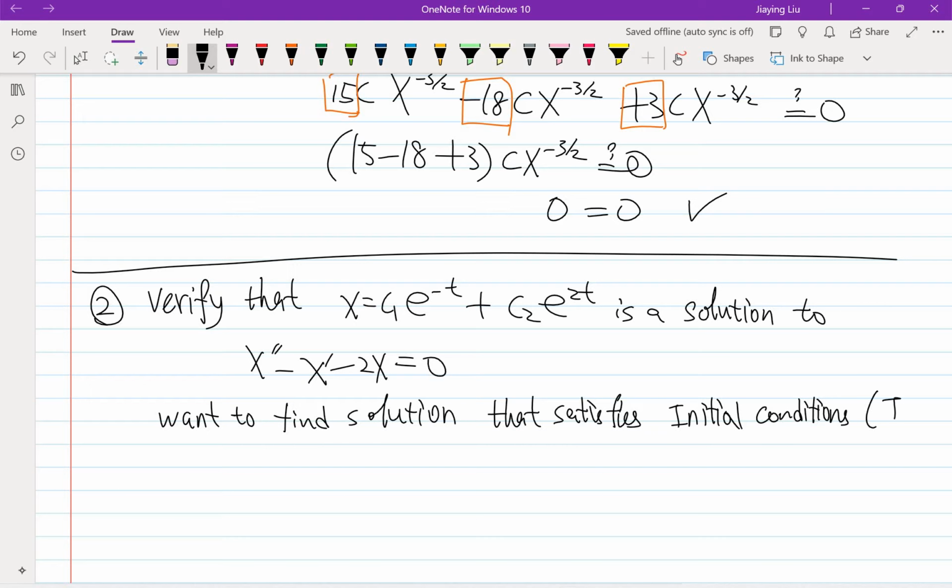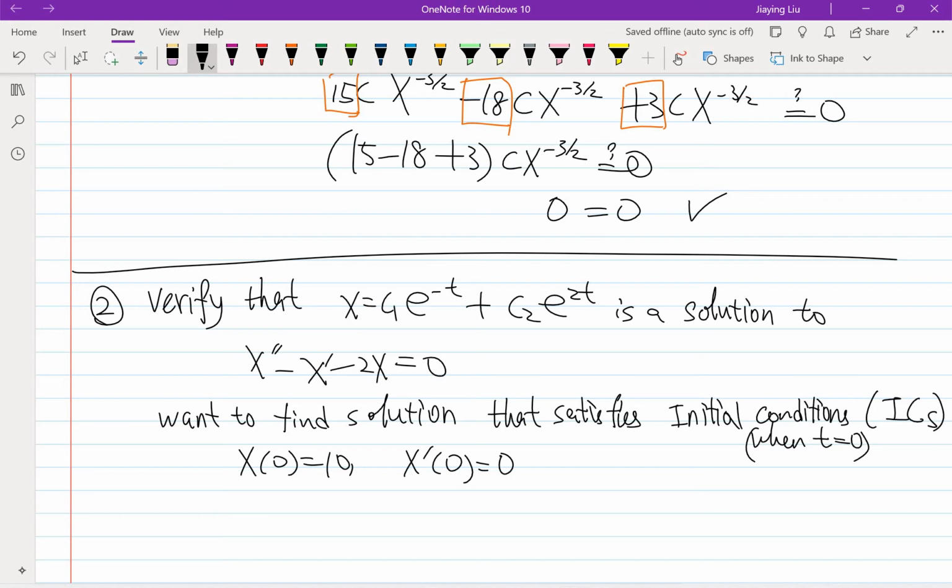In the future, I'll probably just write ICs, meaning initial conditions. It just means the condition when t equals 0, when the time equals 0. So the initial conditions are given in this example: x of 0 equals 10, x prime of 0 equals 0.